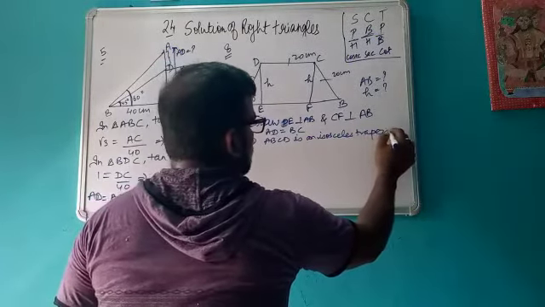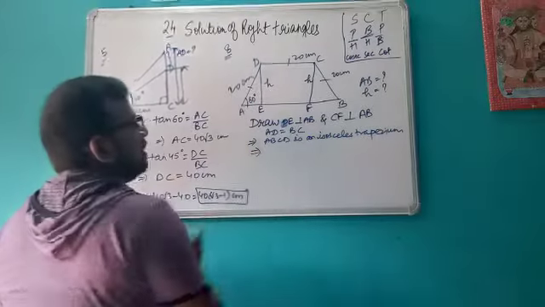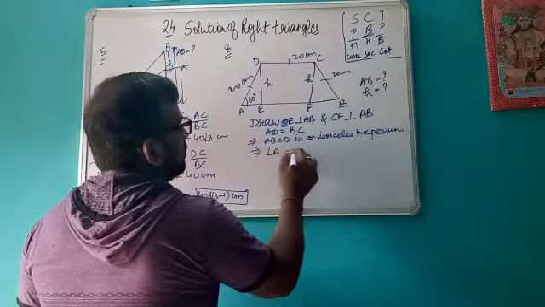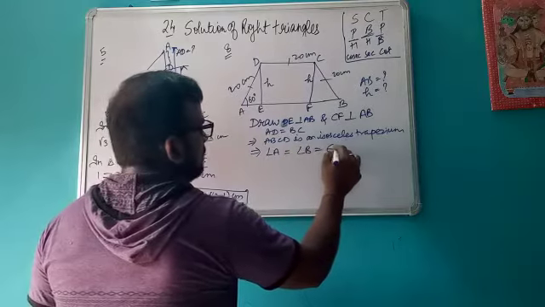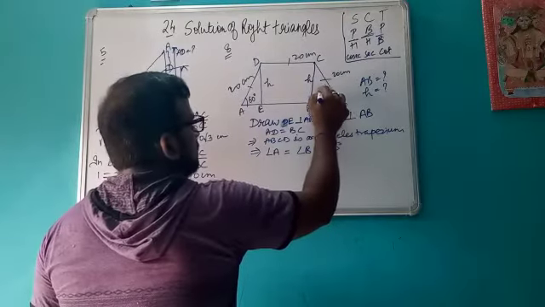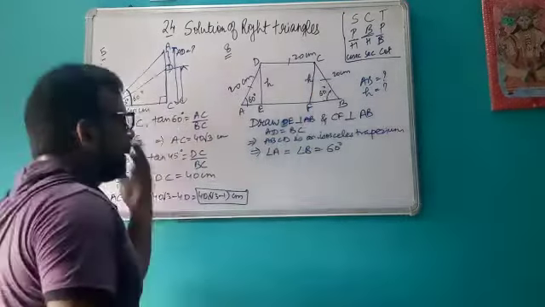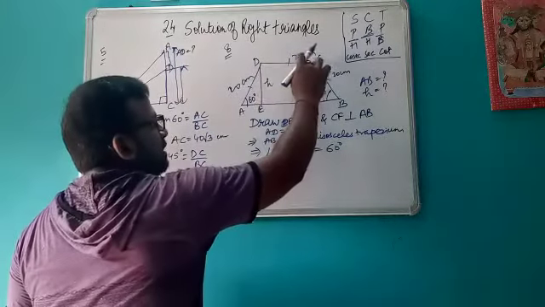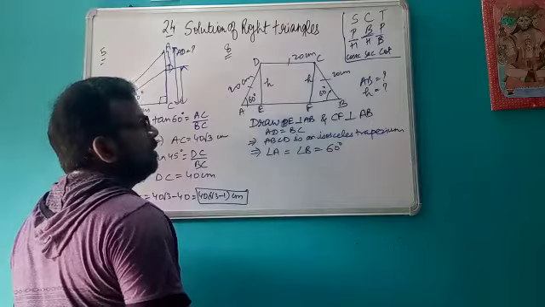Okay, it becomes an isosceles trapezium. That means angle A is equals to angle B is equals to 60 degree. So this is also 60 degree. And since these are the parallel sides, so DE will be equal to CF.